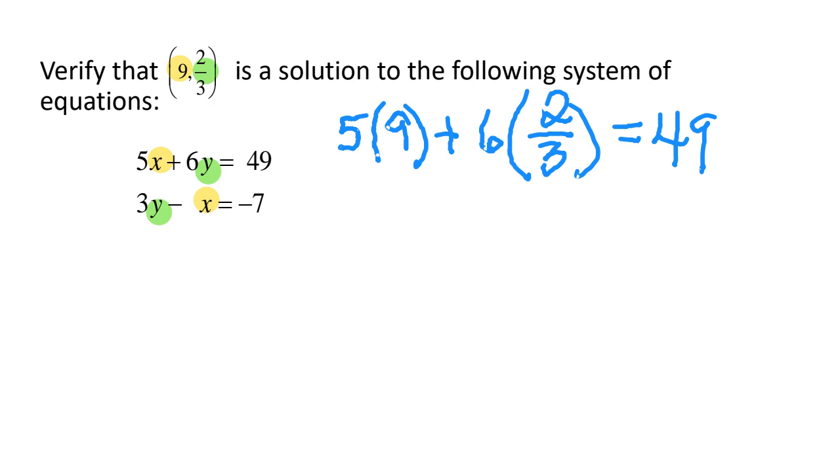This was my y. This was my x. Well, the goal is, does the left side equal 49?